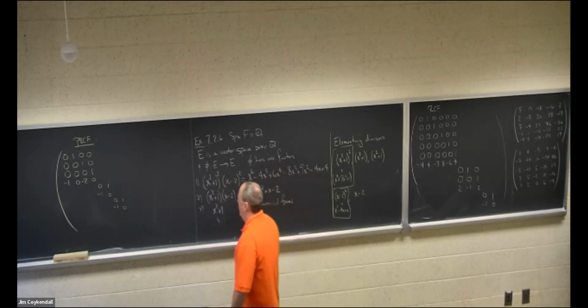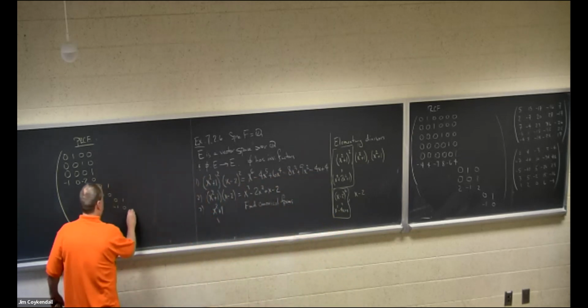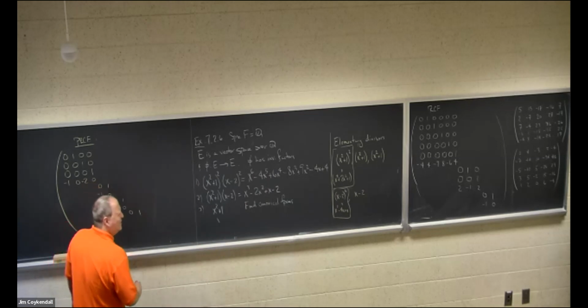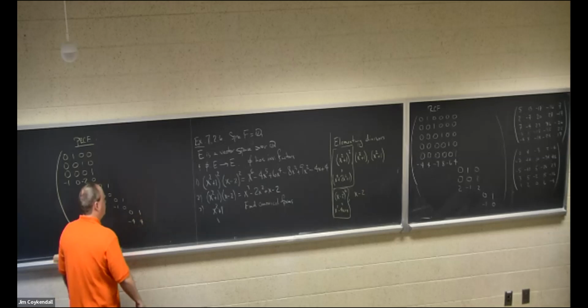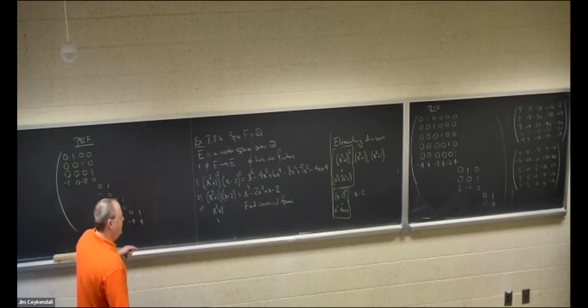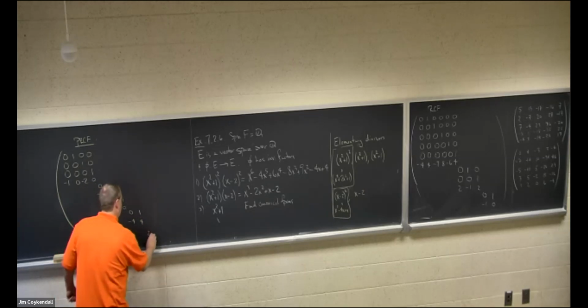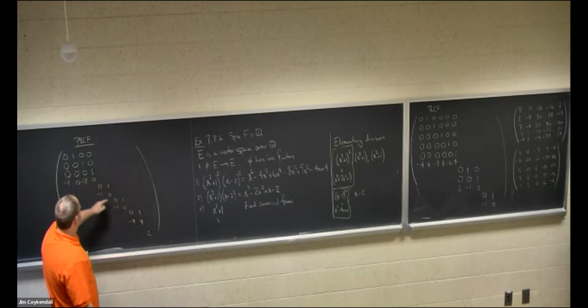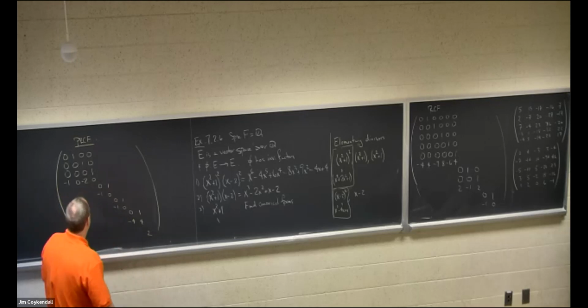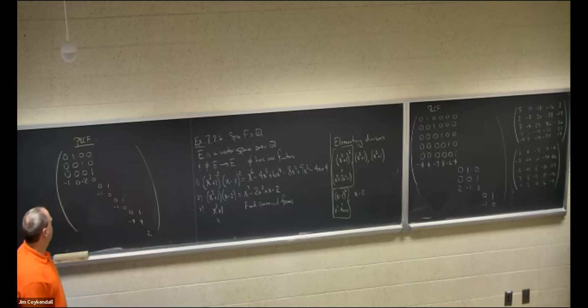I get another 2 block that looks like this. 0, 1, and I guess minus 4, plus 4. And then finally, the final block is just 2. Will be 3, 4, 5, 6, 7, 8, 9, 10, 11. Good. Everything else is zeros.